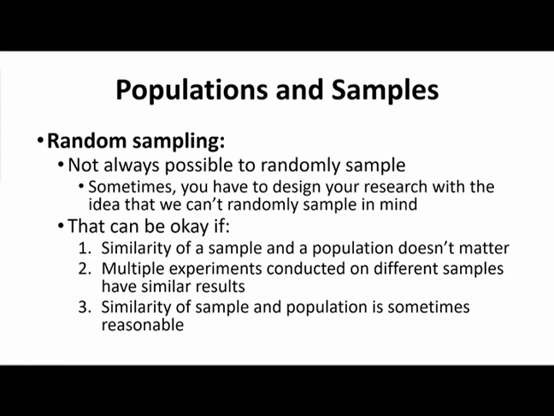Another way that you can be okay without having random sampling is if multiple experiments are conducted on different samples and they all have similar results. This goes along with the idea that you couldn't random sample, you ran your research on an unrepresentative sampling of your population, and your results weren't necessarily broadly applicable.